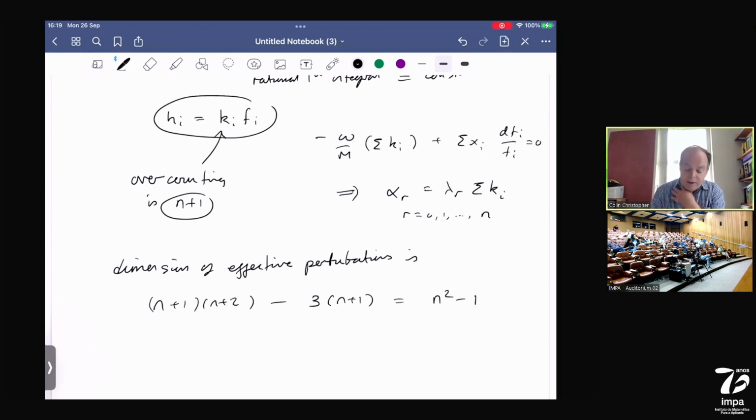So we have n squared minus 1 effective parameters that we can work with.